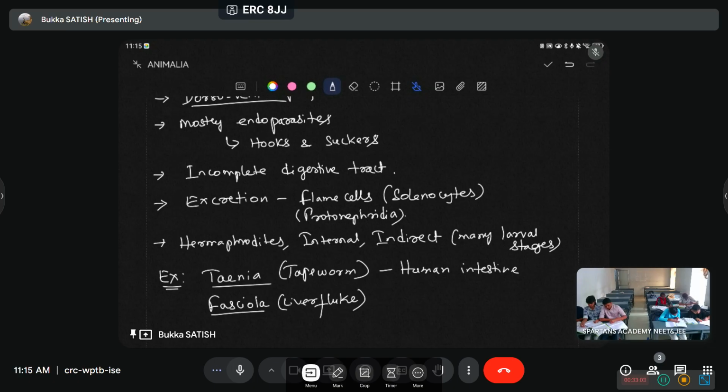It is a parasite in the liver of mammals.